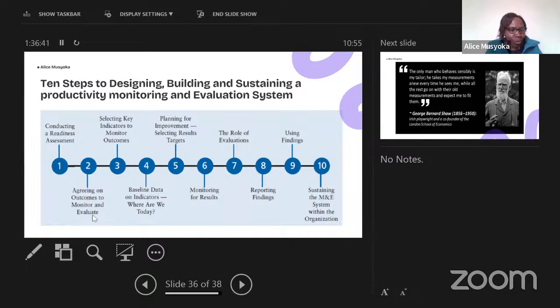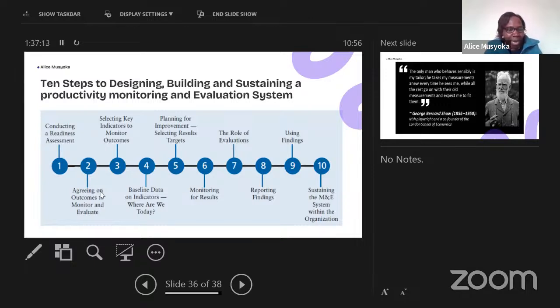Step number 2, we agree on outcomes to monitor and evaluate. What are the outcomes? When we were discussing the result chain, we said that when we talk about outcomes, something must have been modified, something must have increased, something must have decreased, either way, something must have been modified. So we look at outcomes.